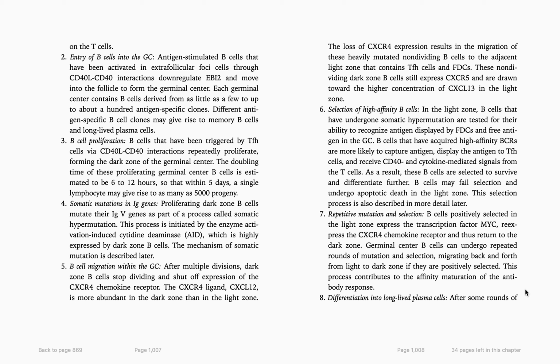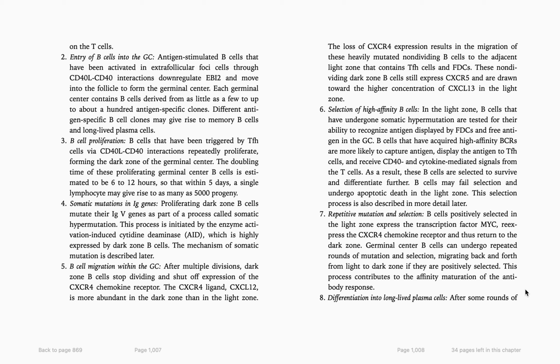The loss of CXCR4 expression results in migration of these heavily mutated non-dividing B cells to the adjacent light zone, which contains T follicular cells and follicular dendritic cells. These non-dividing dark zone B cells still express CXCR5 and are drawn toward the higher concentration of CXCL13 in the light zone.